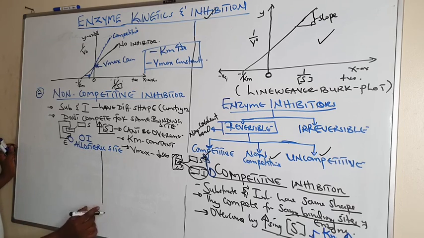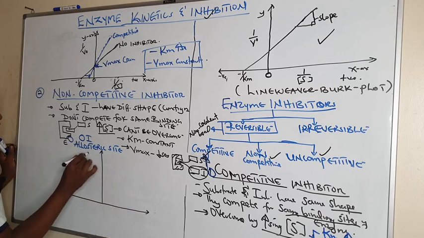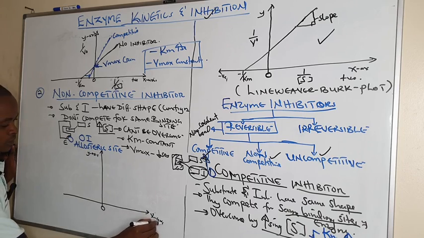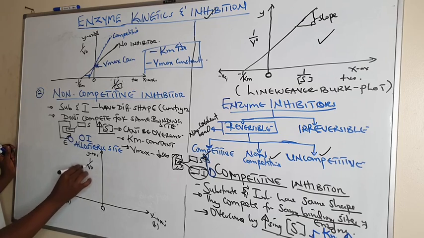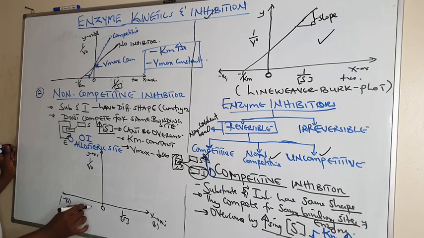If we have this plot, this is the y-axis, this is the x-axis, positive side, negative side. And this is 1 over V naught, this is 1 over substrate concentration.